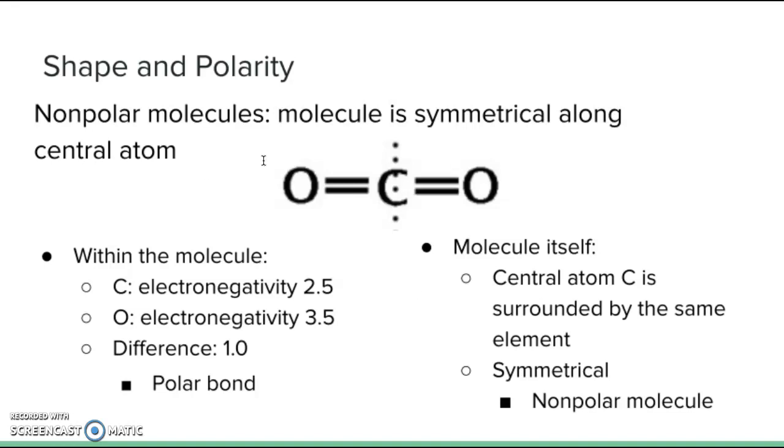So the C–O bond is a polar bond. This here is a polar bond, and this here is a polar bond. However, because I am symmetrical around C, my molecule itself is nonpolar. So I have polar bonds within the molecule, but the molecule itself is nonpolar because each side can cancel the other out.